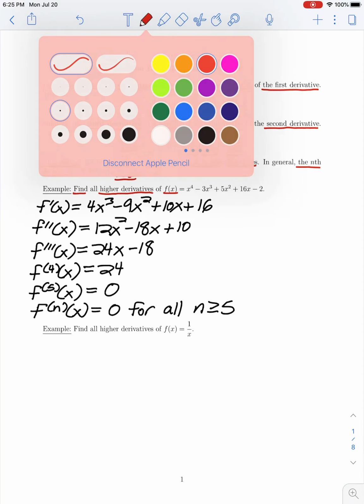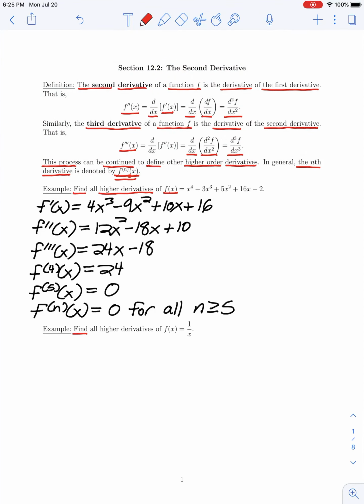In our next problem, we are asked to find all higher derivatives of the function 1 over x, which to differentiate we may prefer to write as x to the negative first power.